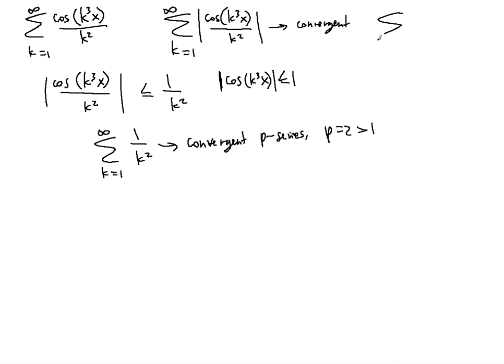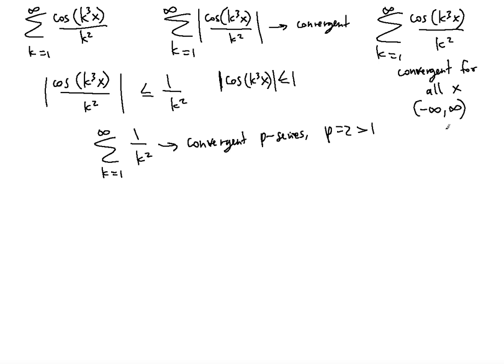So that means the original one without the absolute value bars must be convergent for all x, right? So the interval is going to be negative infinity to infinity.